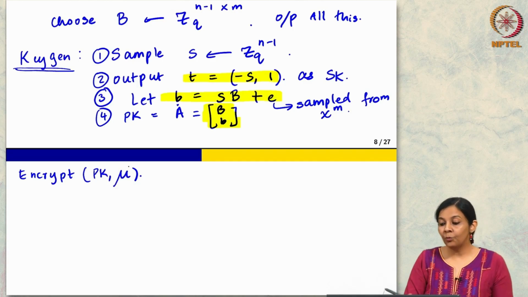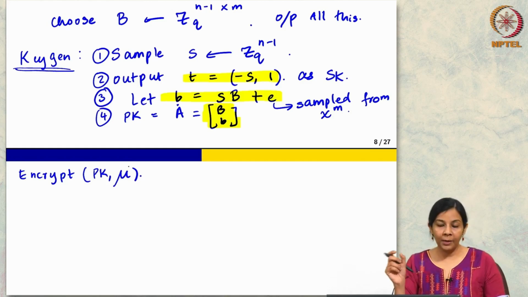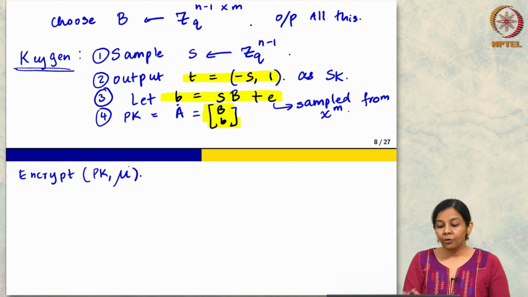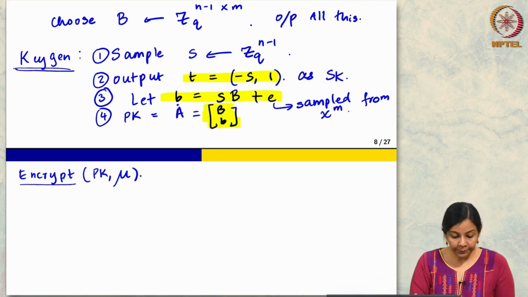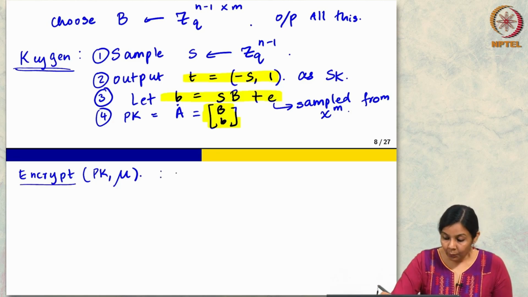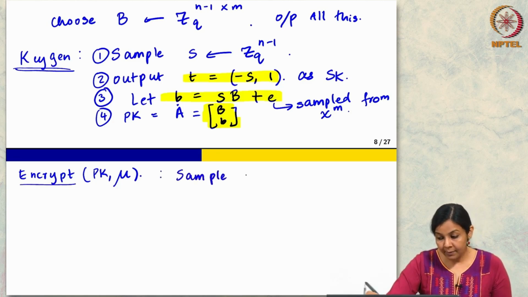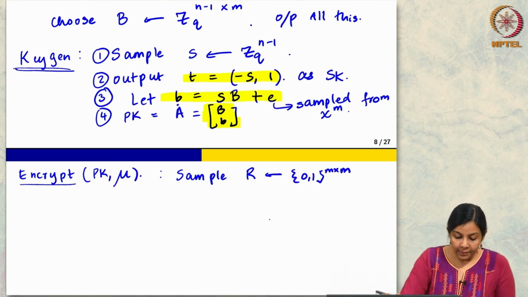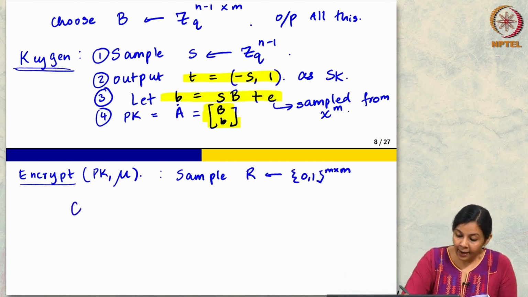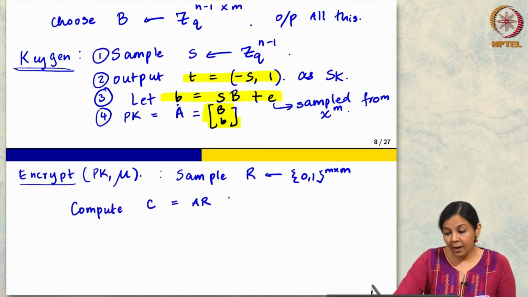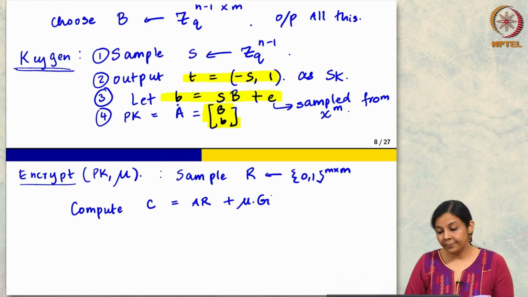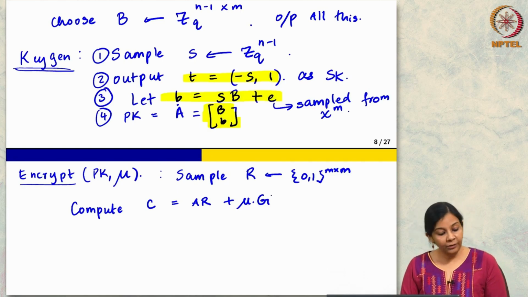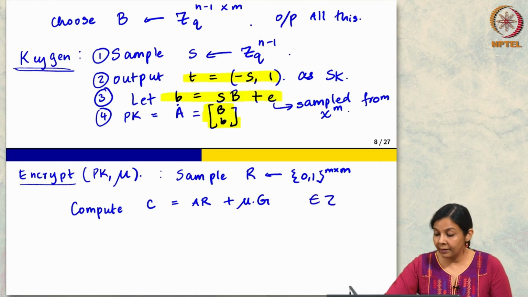So, I will call it mu because we are also using M for a dimension. So, just to avoid confusion. So, in order to encrypt mu, what do I do? I sample a binary matrix R, so {0,1}^{m x m}, okay, and I compute C as A times R plus mu times G. This is my ciphertext. So, this is a matrix, it is in Z_Q^{n x m}.